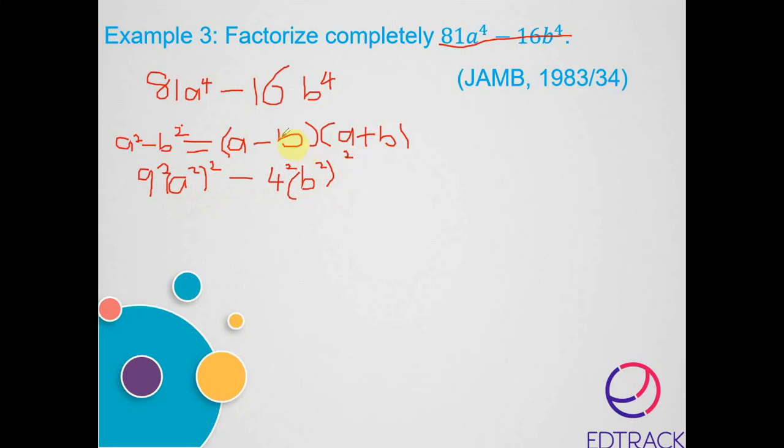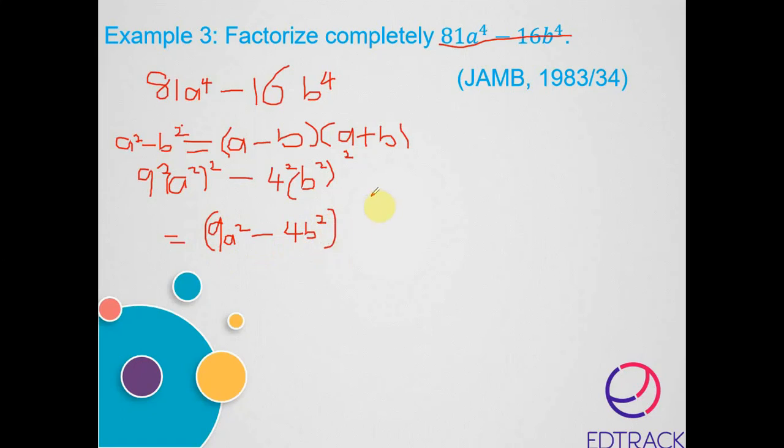Then using this method, you will see that you have 9a squared, that is the first one, minus 4b squared.